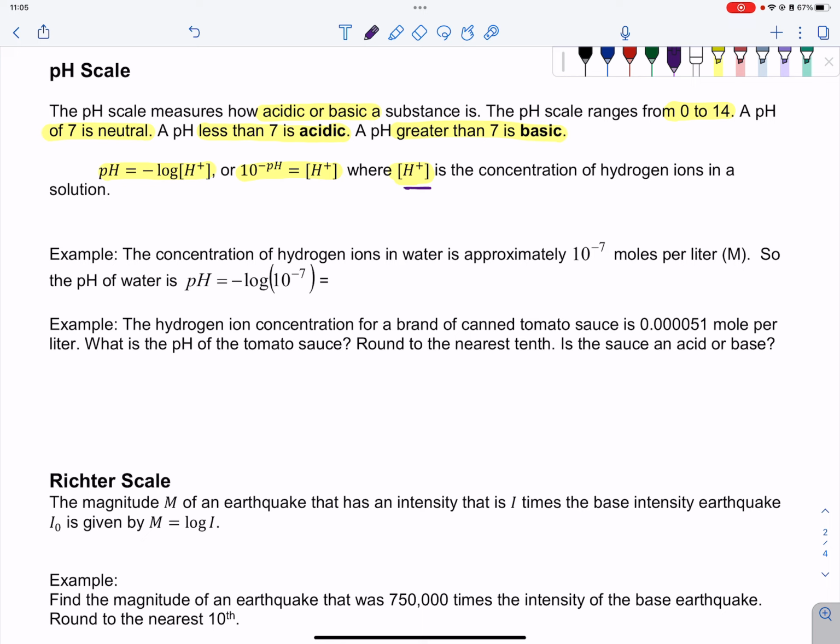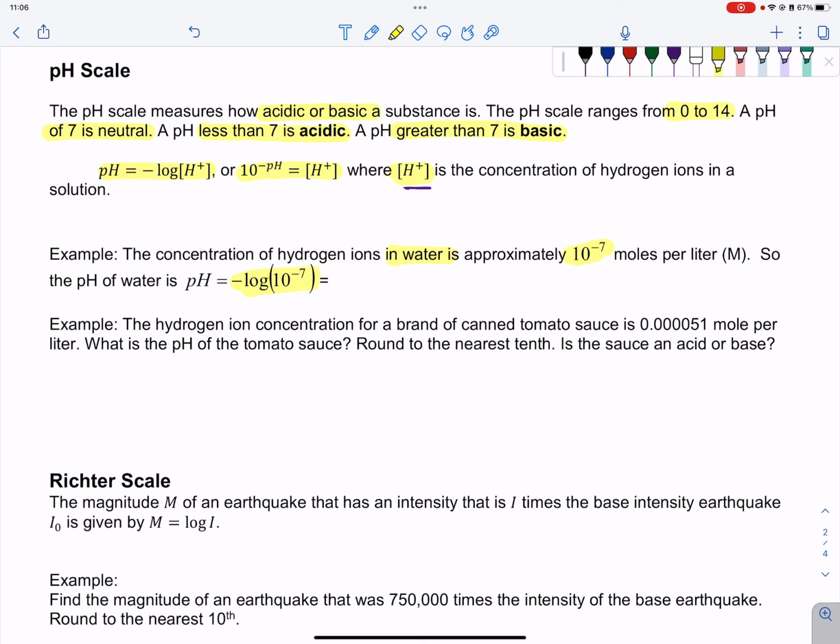So an example here first to start off with is that the concentration of hydrogen ions in water is approximately 10 to the negative 7th power moles per liter. So that then means that our pH of the water is equal to negative log of 10 to the negative 7th power. And now this we can evaluate with our calculator.